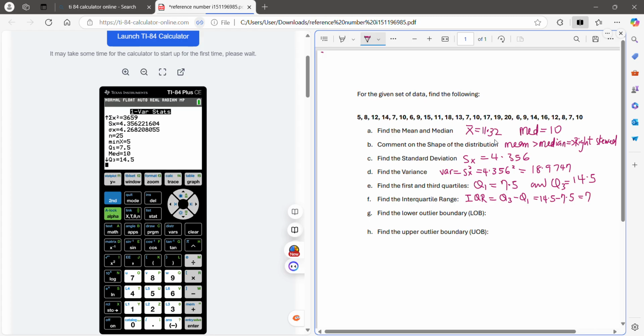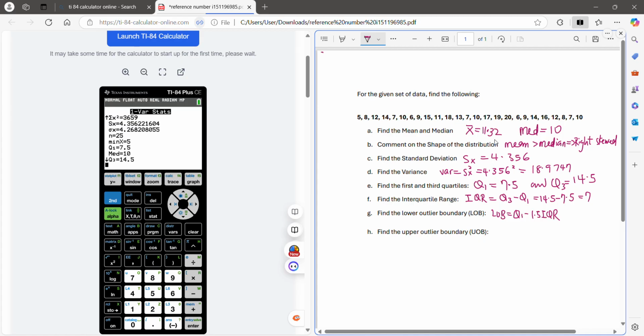The next question says find the lower outlier boundary. For the lower outlier boundary, we have the formula LOB equals Q1 minus 1.5 IQR. This is the formula for the lower outlier boundary.